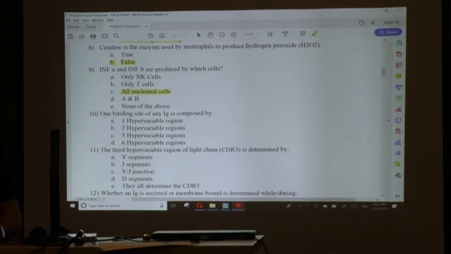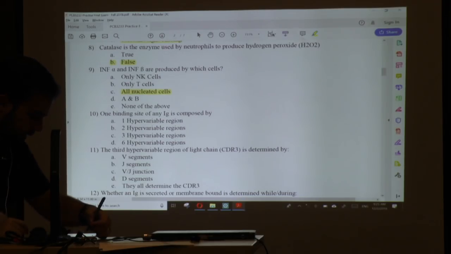Any questions? No? Okay, that's fine. Also, with interferon alpha and beta, remember, you only make this when you are a cell that's infected by a virus. So you'll also put out signaling proteins that will help to signal the NK cell, hey, I'm infected, come kill me, basically, right?